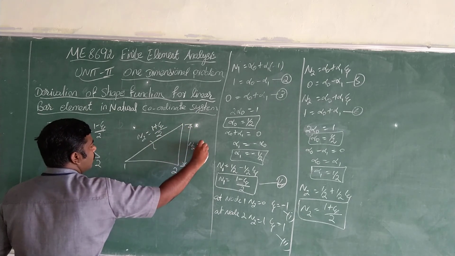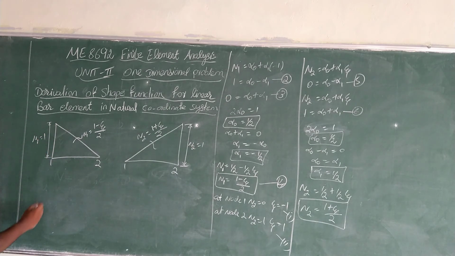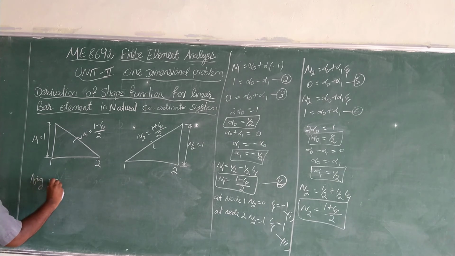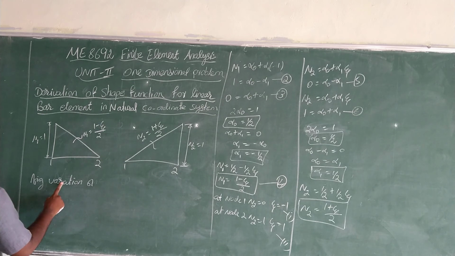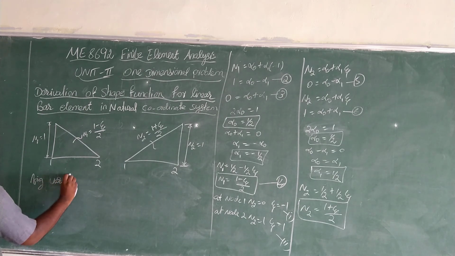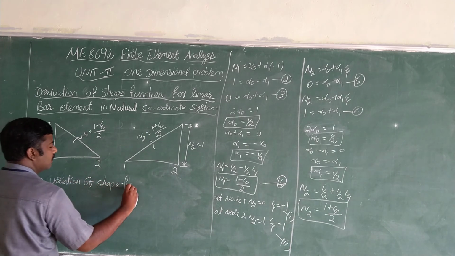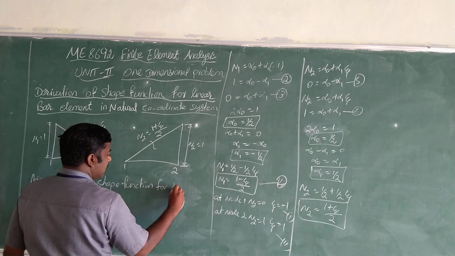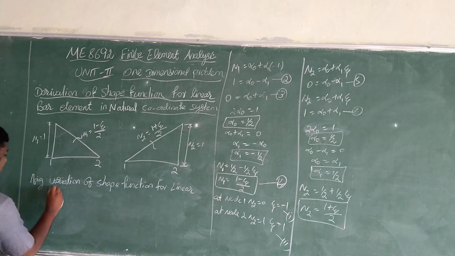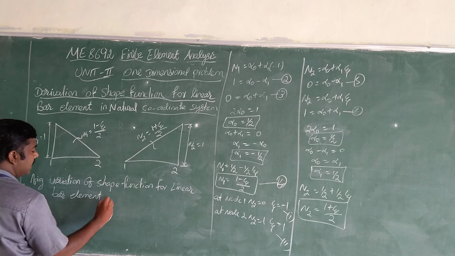This is n2 equal to 1. This is n1 equal to 1. So this figure is the variation of shape functions for the linear bar element in natural coordinate system.